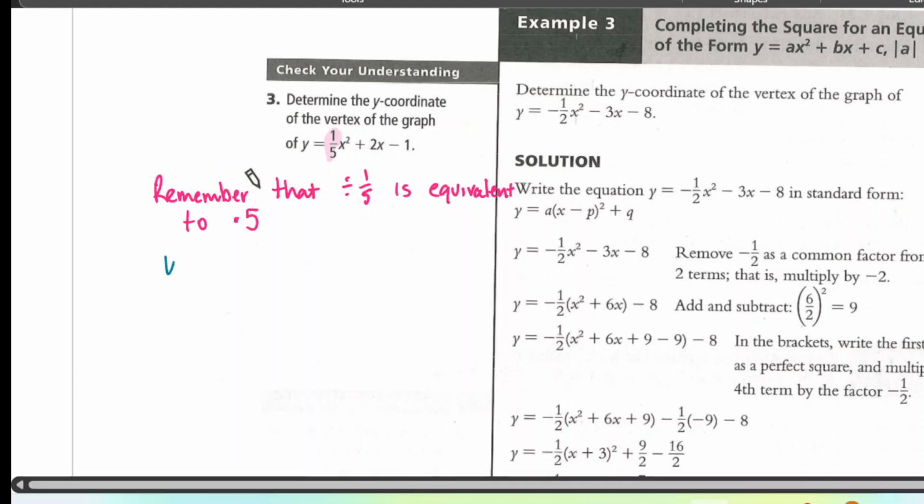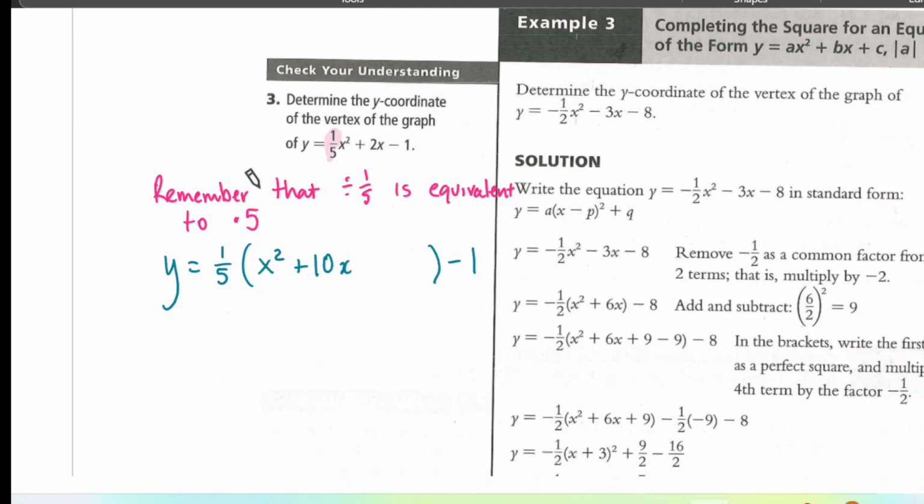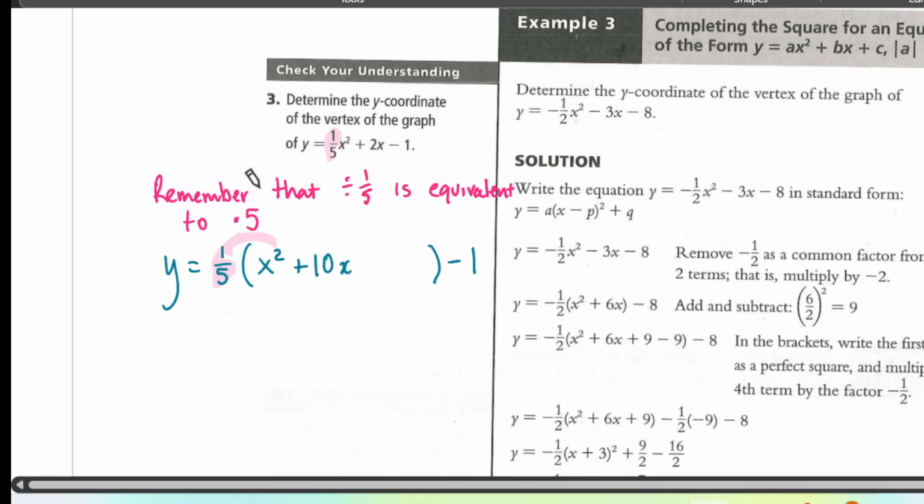So it looks like this. So the 1/5 comes out, and you get x squared plus 10x. And remember, we're going to leave that constant term hanging out by itself there, then -1. Okay, you can double check that this works, right? If you multiply this 1/5 back in, it does equal the original. So 1/5 times 10 is 2, so it makes sense.